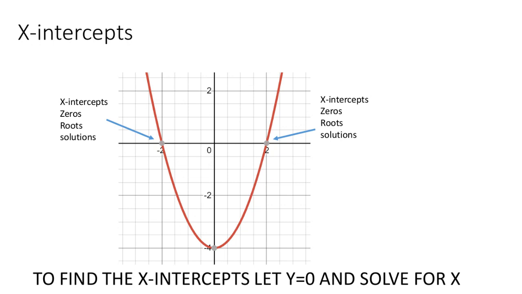Because in general form, we may have to either use the quadratic formula or factor. But if they give the equation in standard form, it'll be very easy to use algebra just to find these zeros. So the zeros of a graph are the root solutions when y is equal to 0, and we just solve for x.